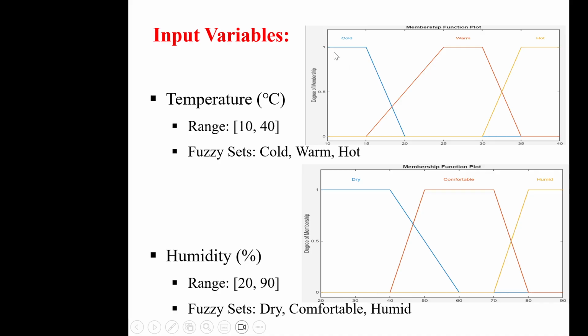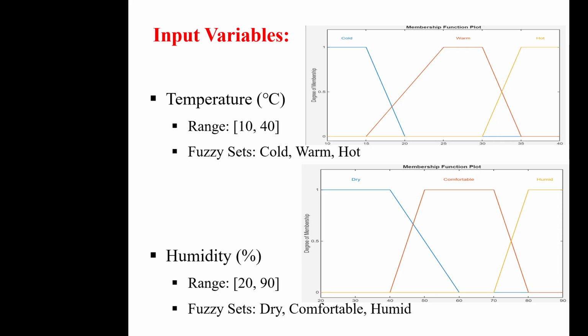And we have different types of membership function, or shape, that we can use. We can use a triangular membership function, that is a triangular shape. We can use what we are having here, that is the trapezoidal shape.